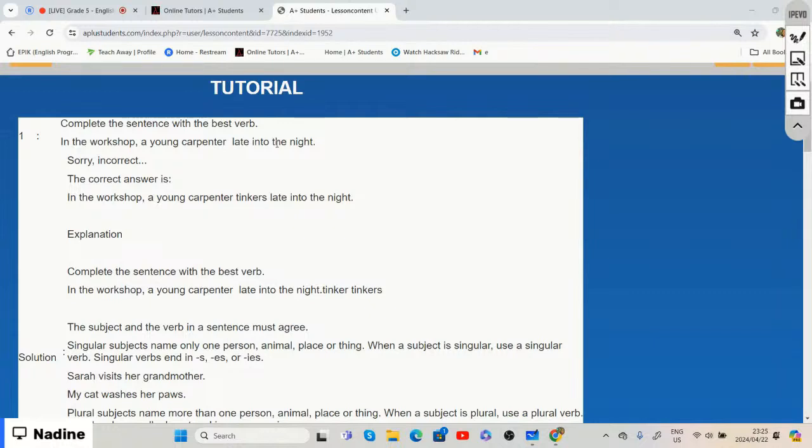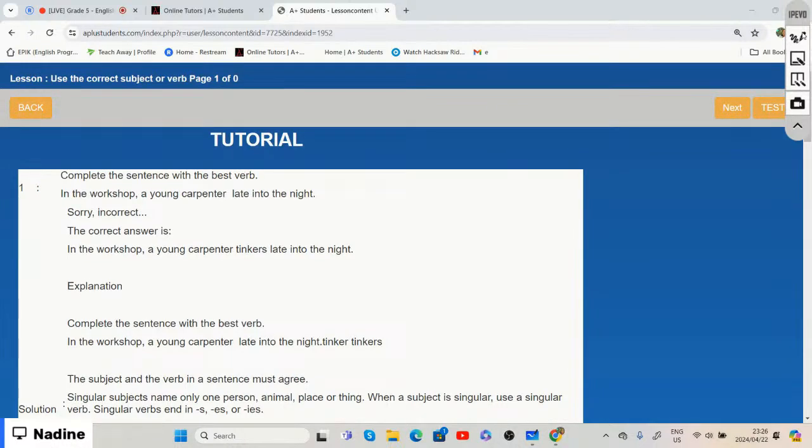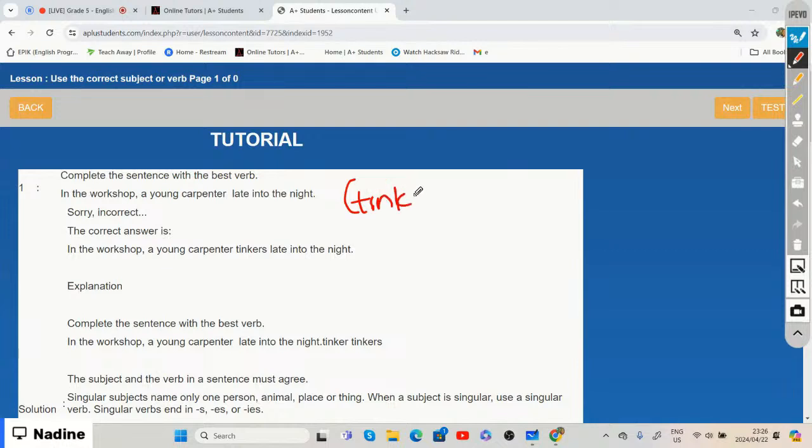All right, it says complete the sentence with the best verb. So, in the workshop, a young carpenter, we now need to say what he did in the night. Do we say tinkers or do we say tinker? We need to use one of these two words.